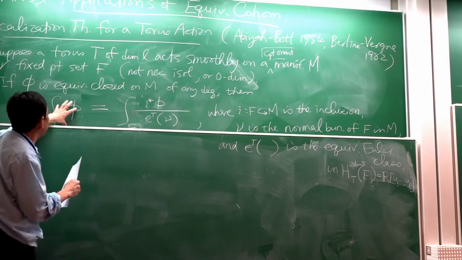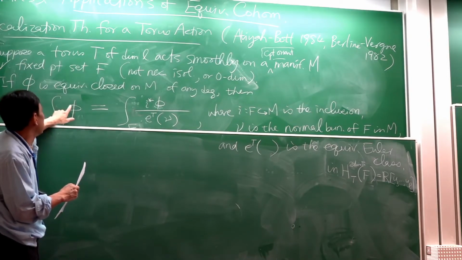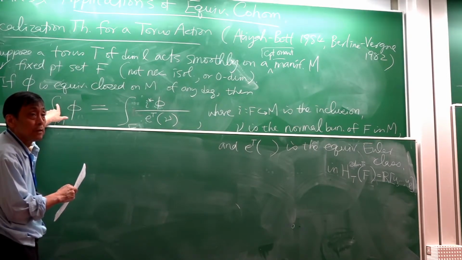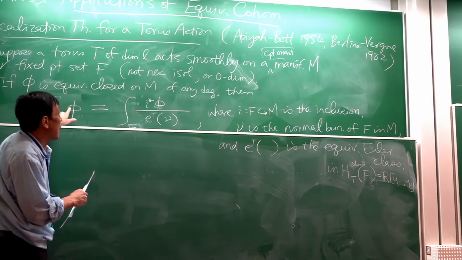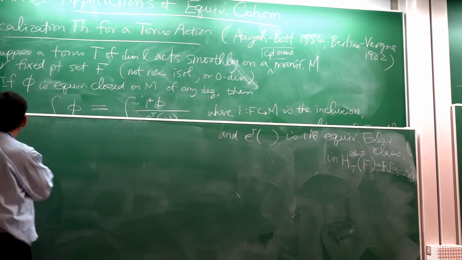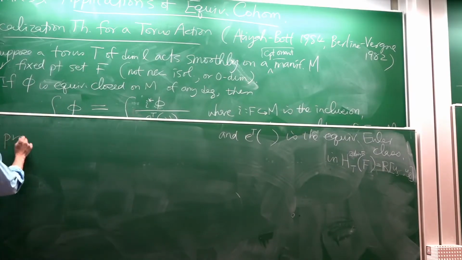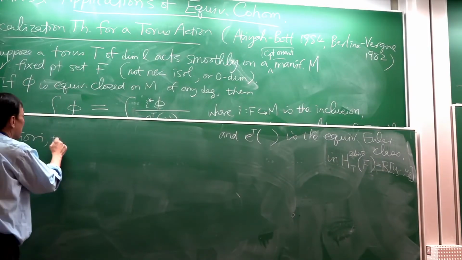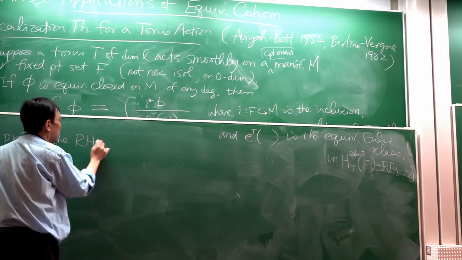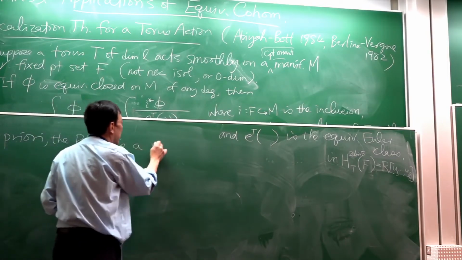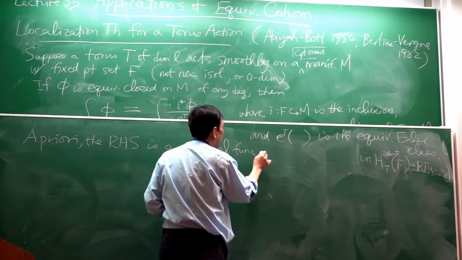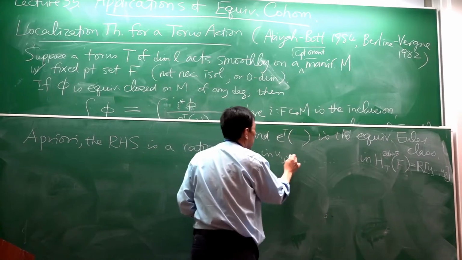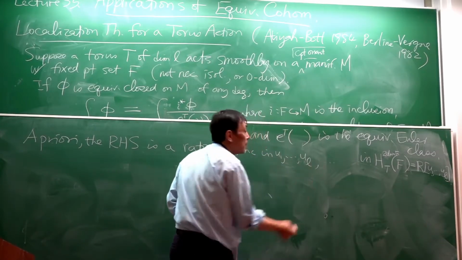However, this part here is a polynomial in the u's. When you integrate, you'll get a polynomial in the u's. Okay? So a priori, the right-hand side is a rational function in u1 to uL.